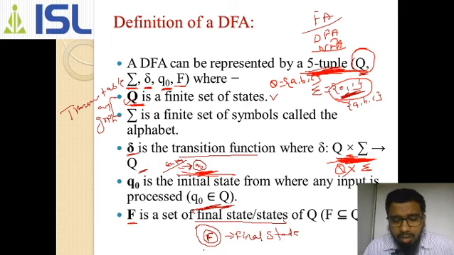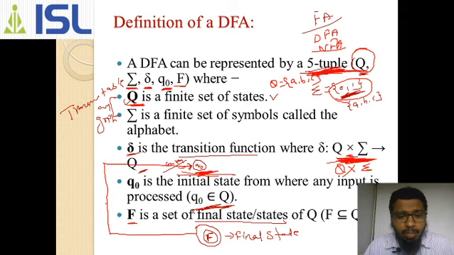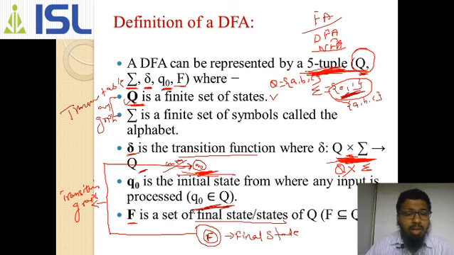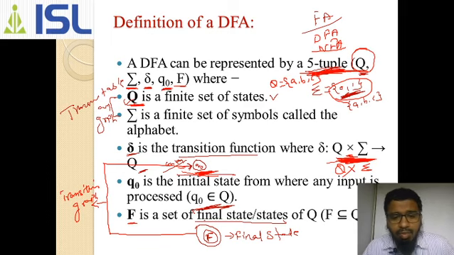Double circle. You can identify it with the transition graph. In the transition graph, if an empty string is given to any state, that is the initial state, and if any state has a double circle, that is a final state.